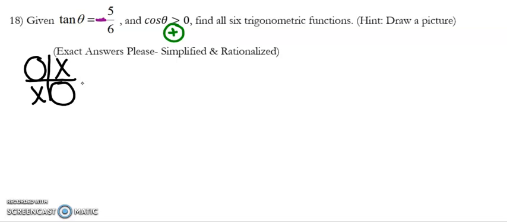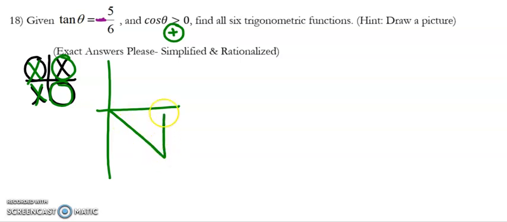Cosine has to be positive, which means I could be in quadrant 1 or 4. Which quadrant do I have to be in? Quadrant 4.